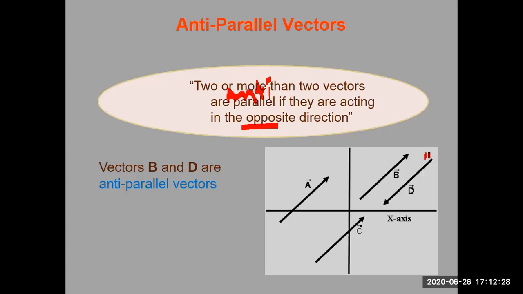If both vectors are acting along the same direction, they are parallel. But if one vector is acting in this direction and the other in the opposite direction, these two vectors are called anti-parallel vectors because they are not acting along the same direction. B and D, these two vectors are not acting along the same direction, so they are said to be anti-parallel vectors.